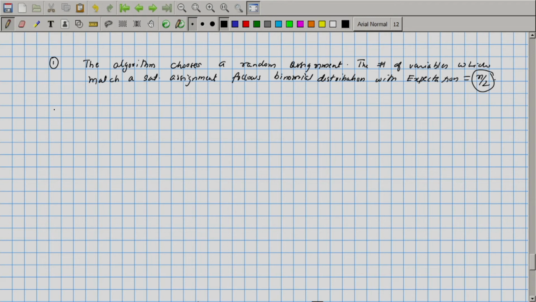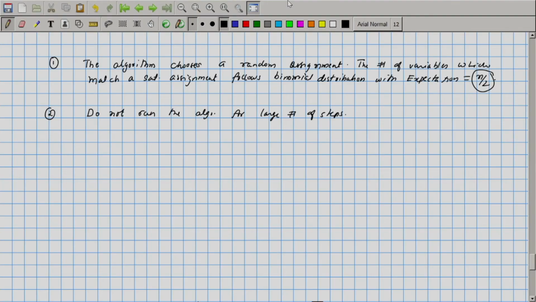So, what we will do is, we will not keep on running the algorithm for long steps, because what happens when you run the algorithm for a large number of steps is, it will draw your random assignment towards 0 matches with the satisfying assignment.